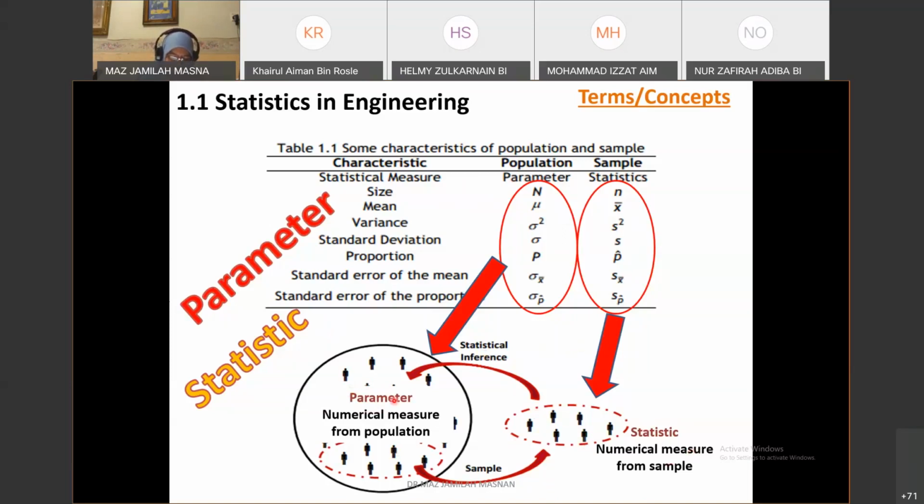Now, why are these important? Why do we need to have a sample? Okay, class, imagine if we go back to the skewer example just now. How many skewers in a day did the production make, class, just now? Can someone reply?